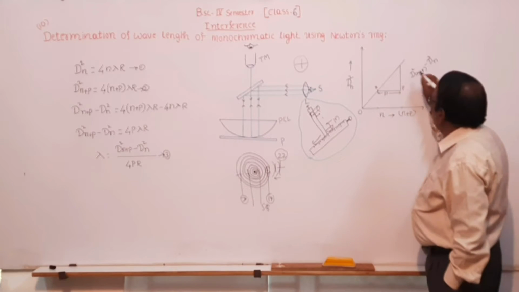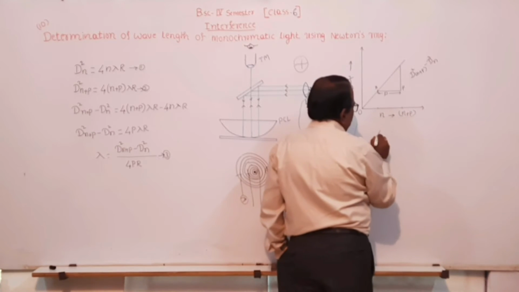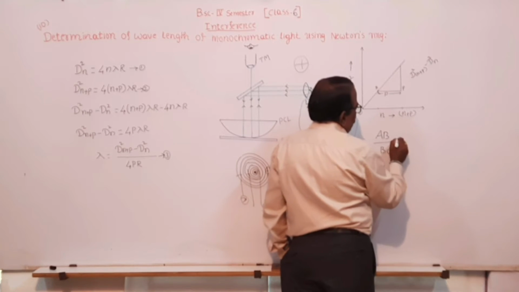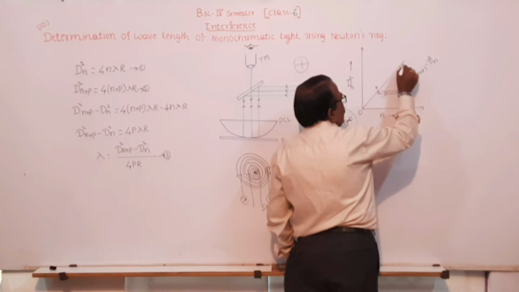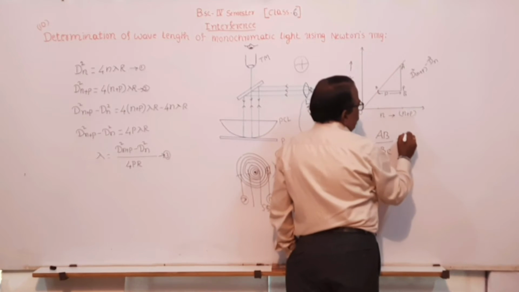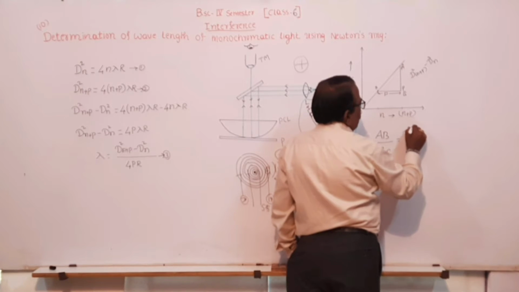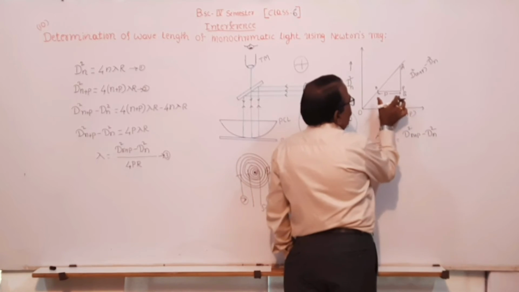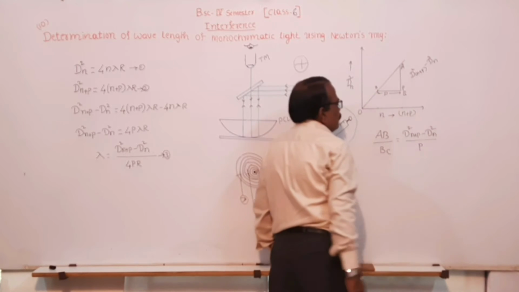Then take the slope AB upon BC. What is AB upon BC? This is AB. That will give D(n plus p) whole square minus D n squared, and this distance is p, divided by p.